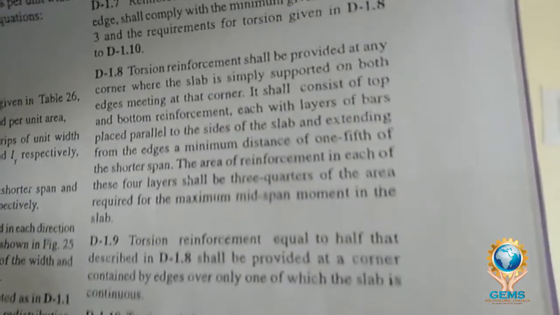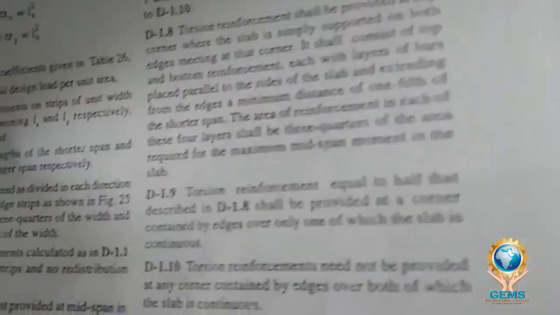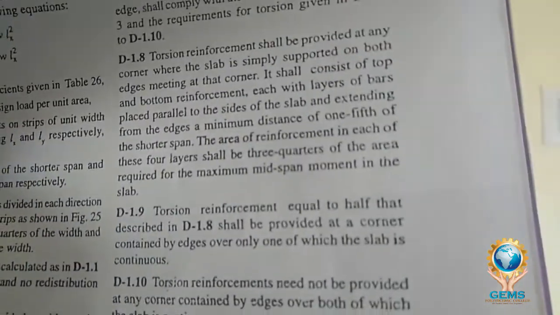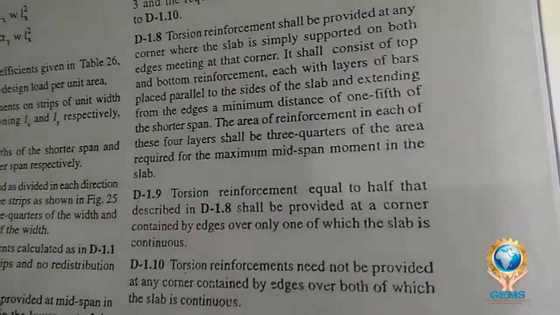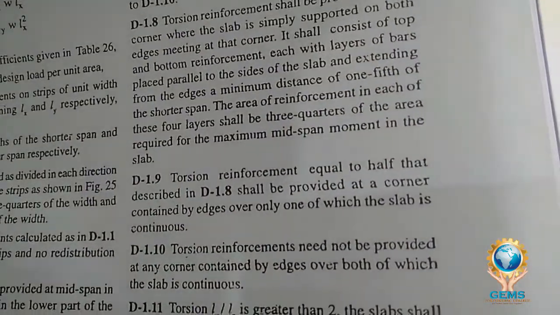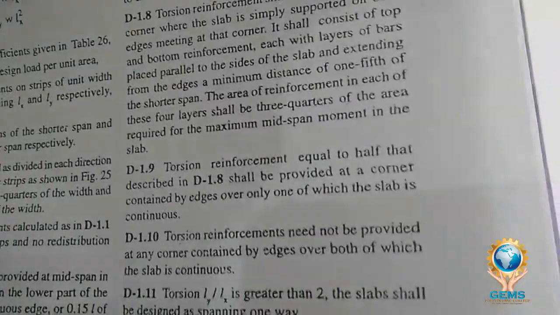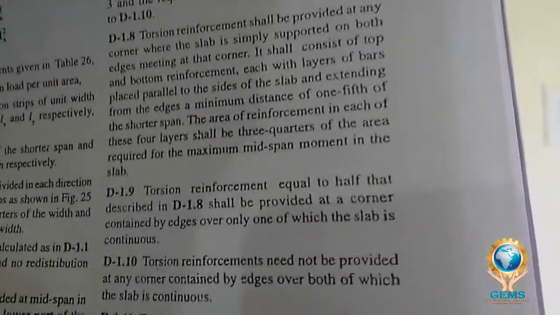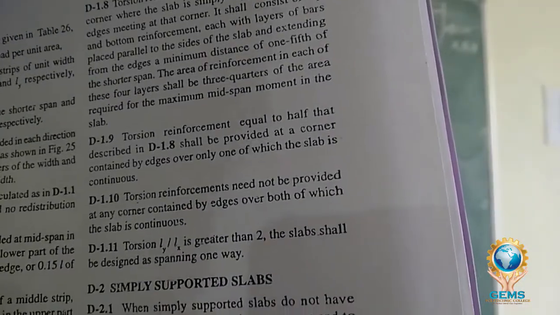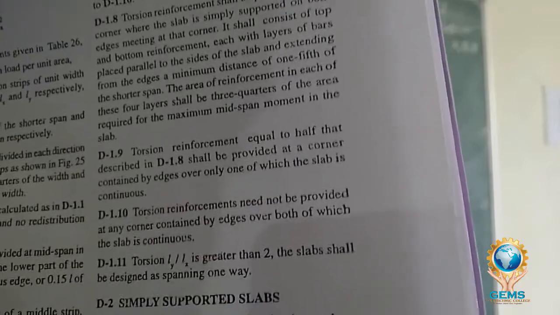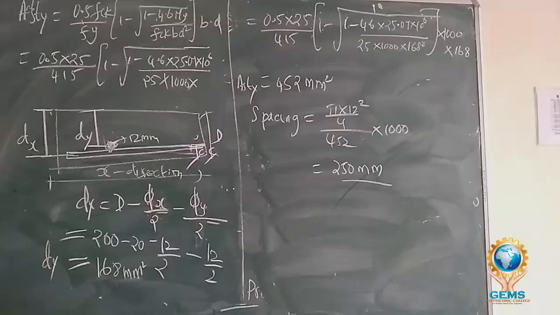It shall consist of top and bottom reinforcement, each with layers of bars placed parallel to the sides of the slab and extending from the edges a minimum distance of 1/5 of the shorter span. The area of reinforcement in each of these 4 layers shall be 3/4 of the area required for the maximum midspan moment in the slabs. So this is the provision of torsion reinforcement.